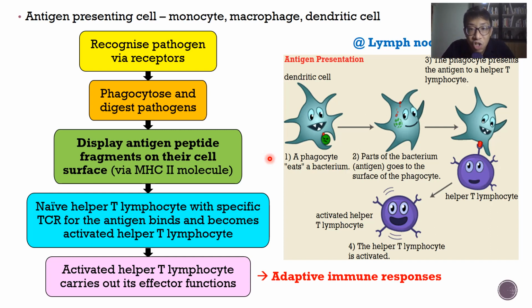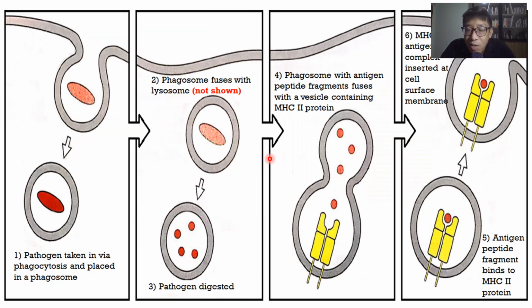So that is the whole process of antigen presentation by antigen presenting cells. Here is another diagram to show the antigen presentation. This would be inside of the antigen presenting cell, a macrophage, for example, or a dendritic cell. Again, the phagocytosis is shown here. After that, the digestion of the phagocytosed pathogen.